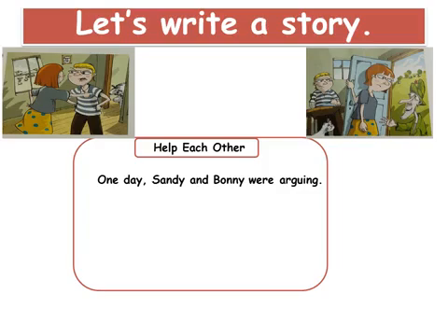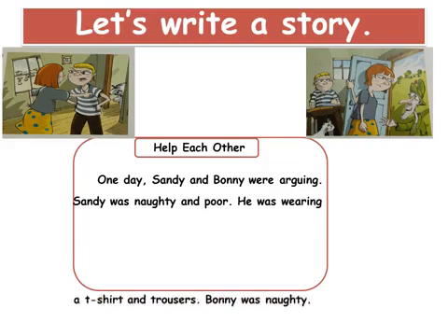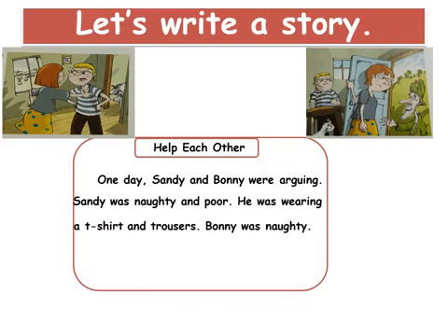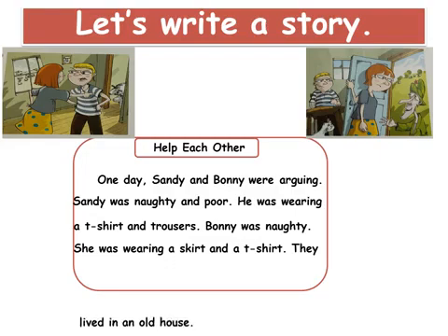And then I described Sandy and I said Sandy was naughty and poor. He was wearing a t-shirt and trousers. Bonnie was naughty. She was wearing a skirt and a t-shirt. Okay? And then I spoke about the setting and I said they lived in an old house.